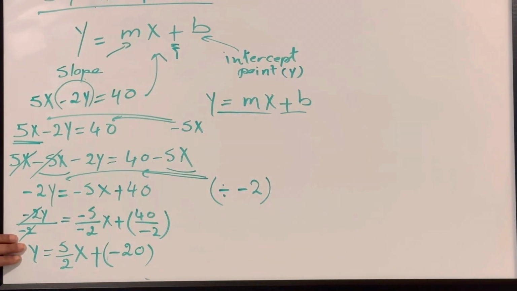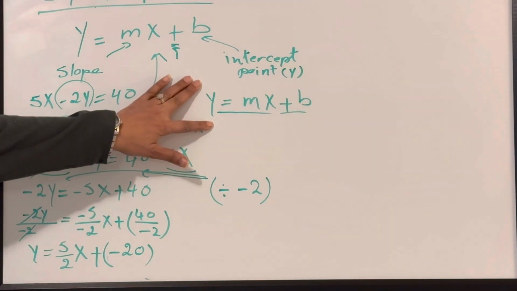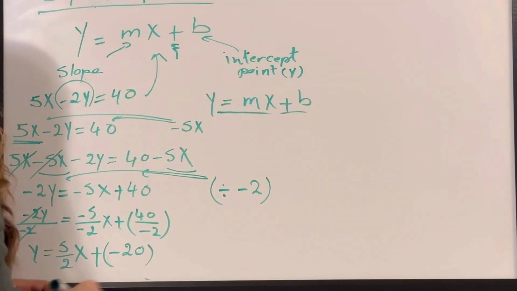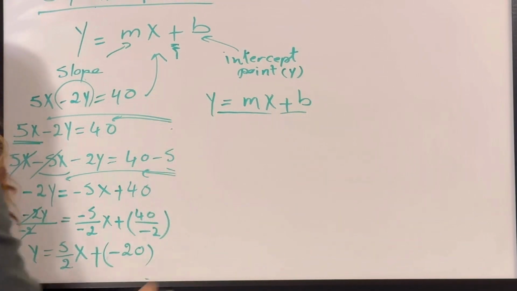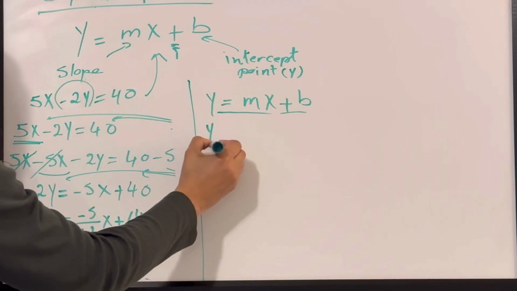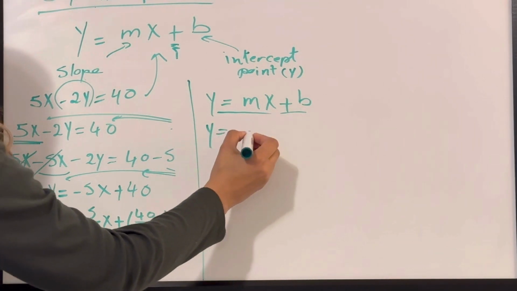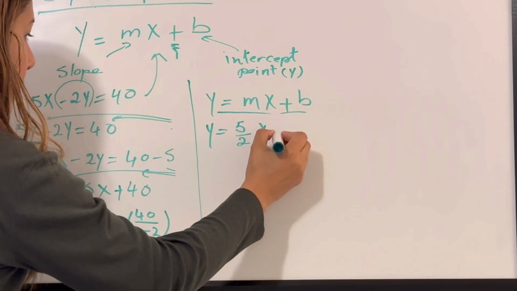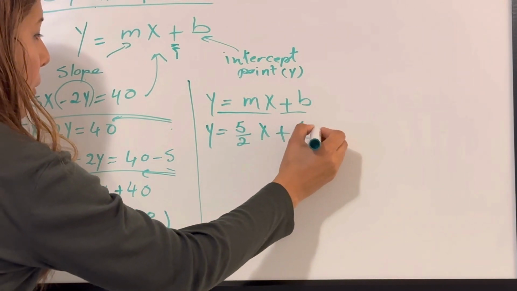Now I reach the form that I want. So this form, I can write it under this one. Here, y equal 5 over 2x plus minus 20.